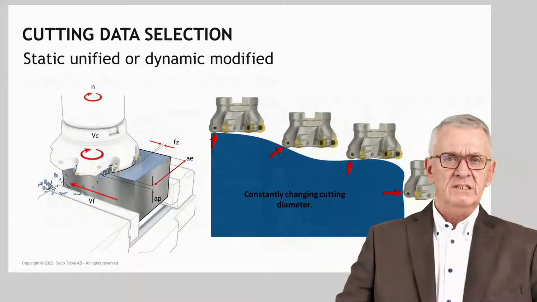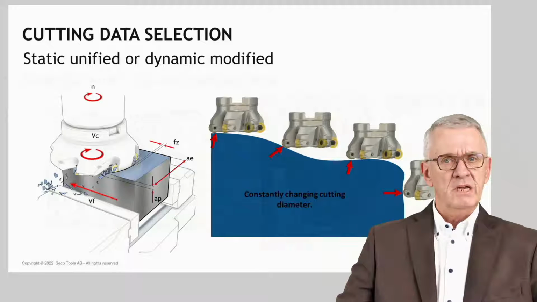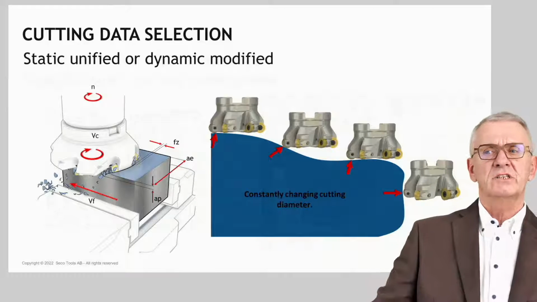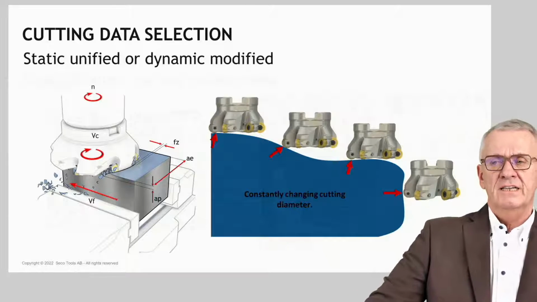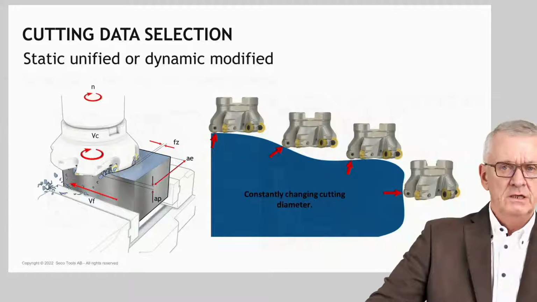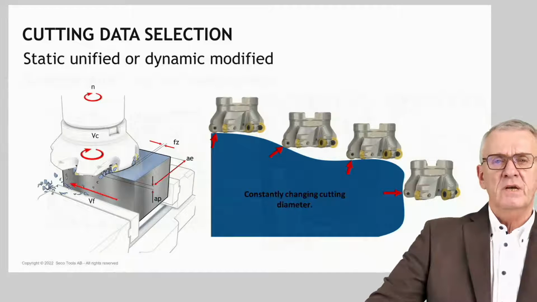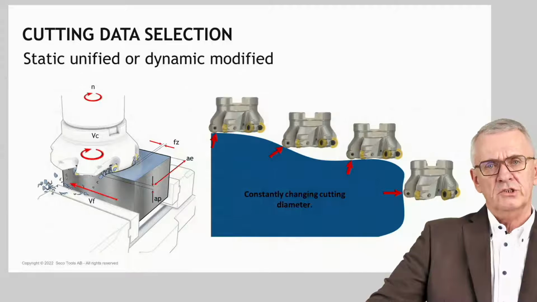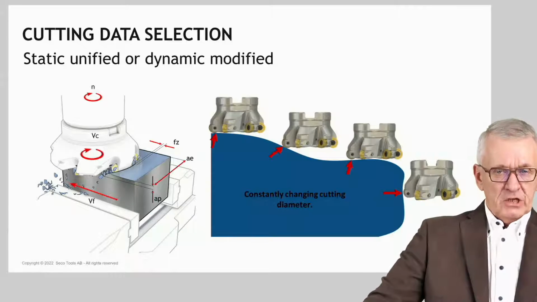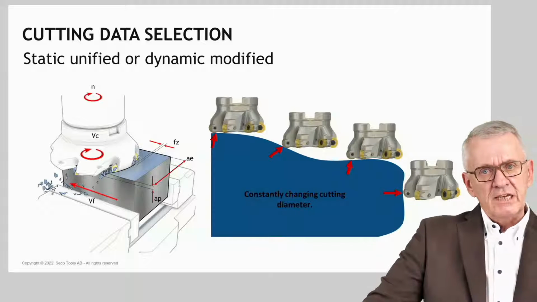Dynamic modified means that at each moment in time, you look to the reality with which a milling cutter is confronted. And the picture here to the right, I give you an illustration. If you have, in this case, non-linear milling, it's copy milling, and it's combined with round cutting edges. In such a case, if a milling cutter is moving over the surface it needs to generate, it means that the effective cutting diameter is constantly changing.